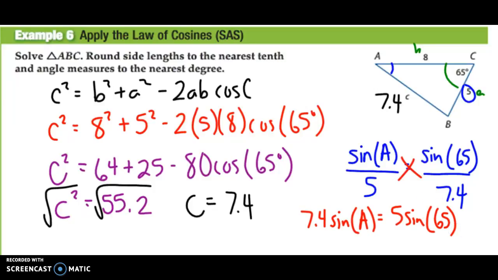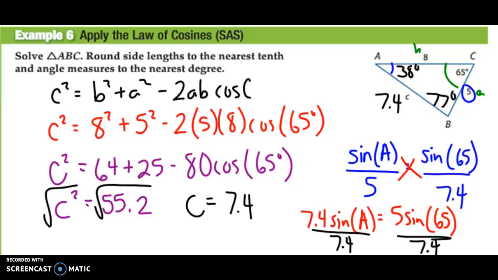Divide both sides by 7.4, and we find that angle A is approximately 38 degrees. Then finally, to find angle B, all I would do is 180 minus 38 minus 65, and I find that angle B is approximately 77 degrees.